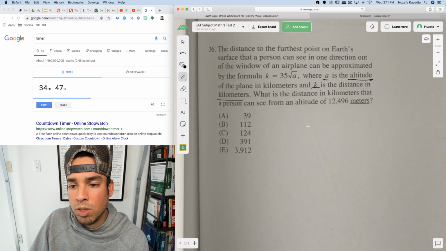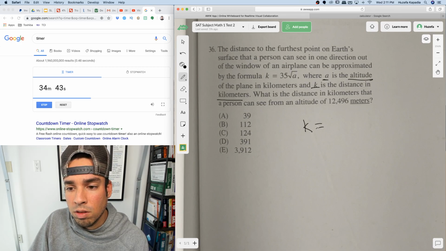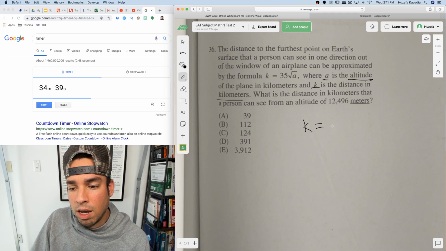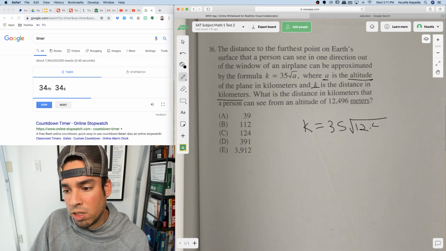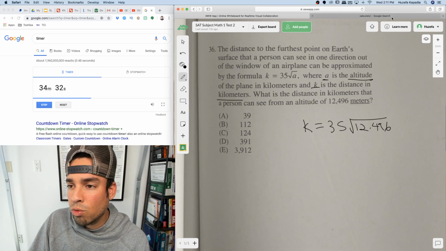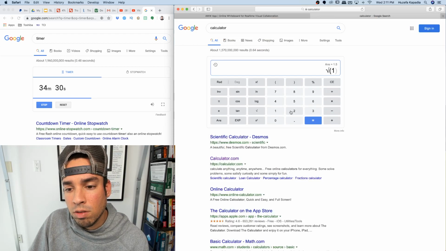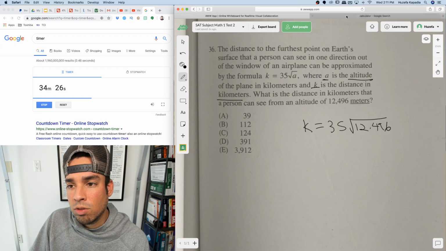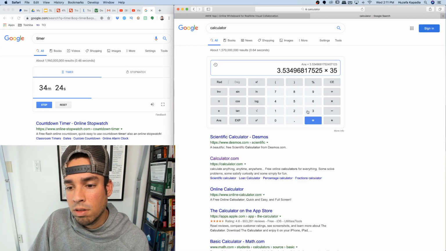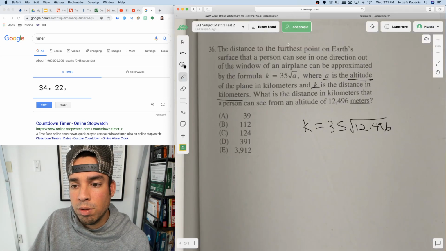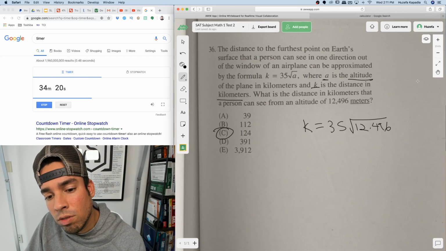So they're both in kilometers. Hold on. K equals 35 times the square root of, in kilometers, that would just be 12.496. So the square root of 12.496 times 35 is 123.72. 124.